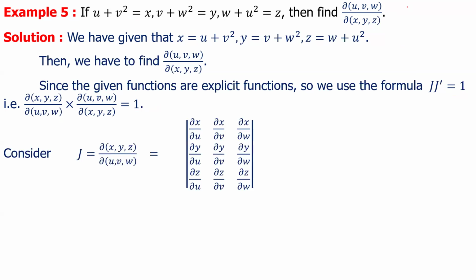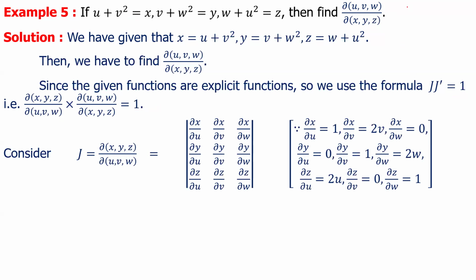Now consider J equal to the Jacobian of x, y, z with respect to u, v, w, which can be given as the determinant of del x del u, del x del v, del x del w, del y del u, del y del v, del y del w, del z del u, del z del v, del z del w. Now let us calculate these. Del x del u is 1.